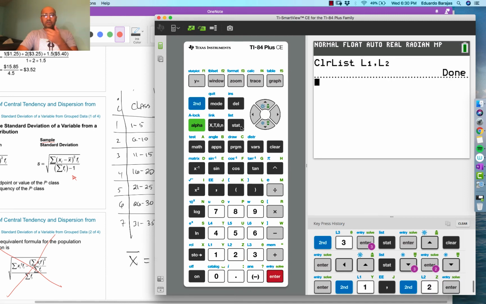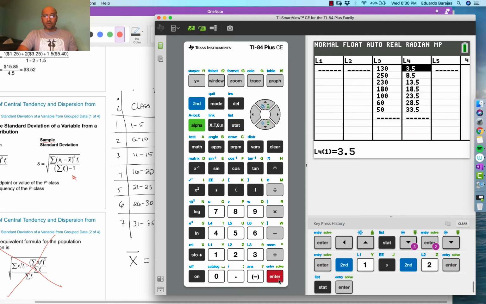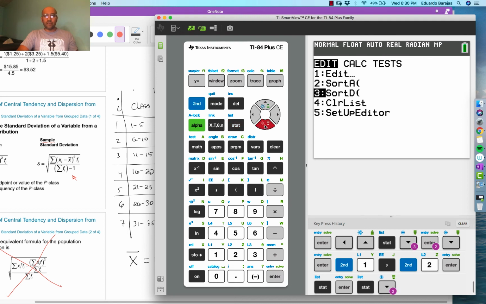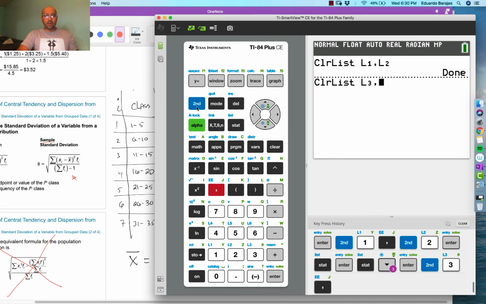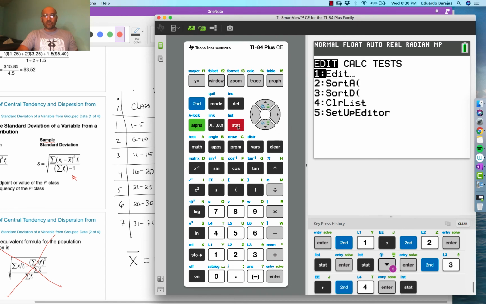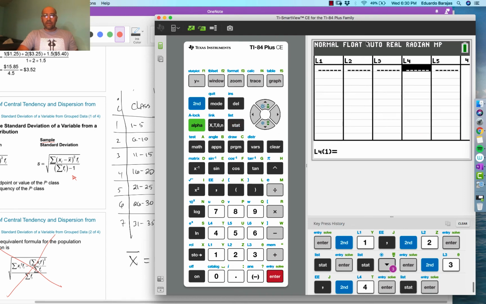Okay, so then it cleared L1 and L2. Now I need L3 and L4, so I don't know if it's that much of a shortcut, but clear lists, and then I would do L3, comma L4, so it should automatically clear those guys. Stat, edit. Okay, clean start.